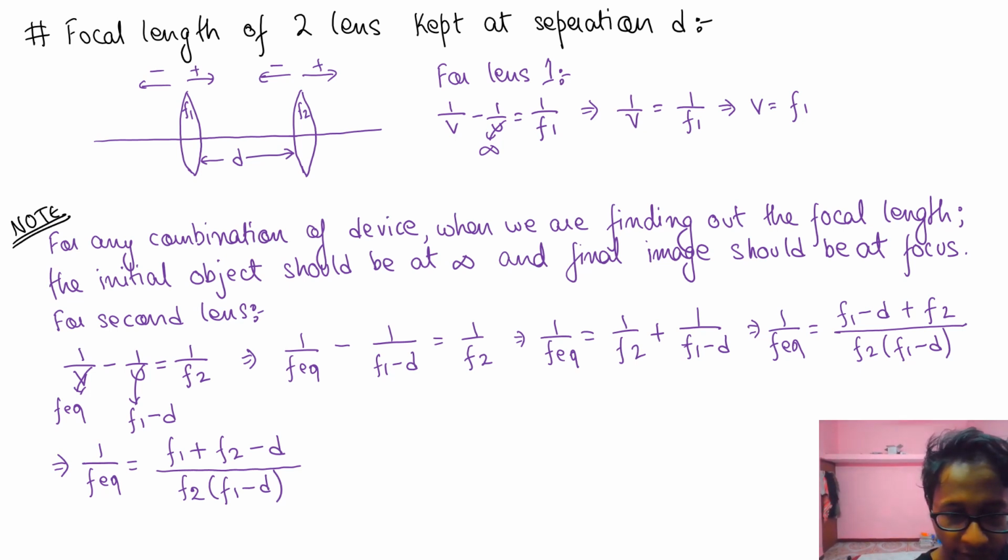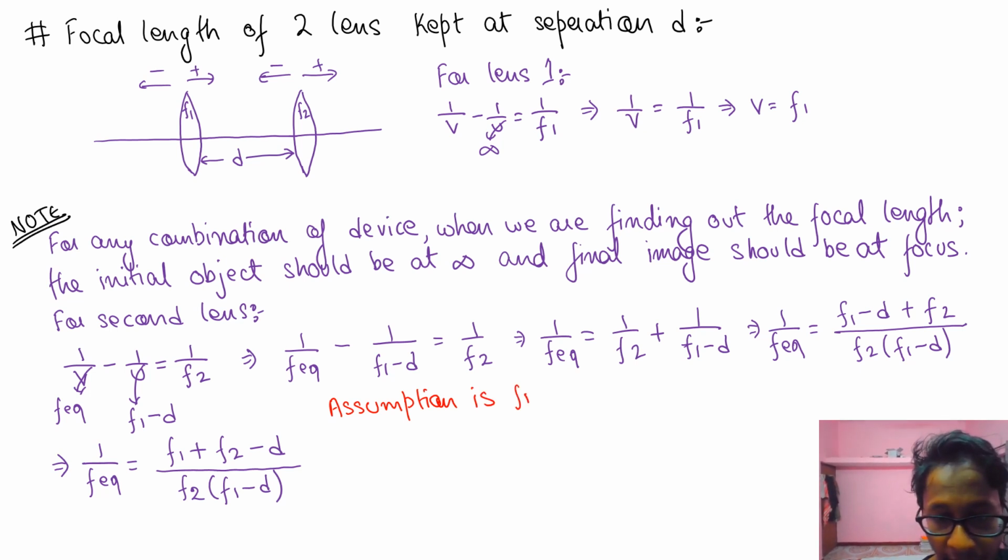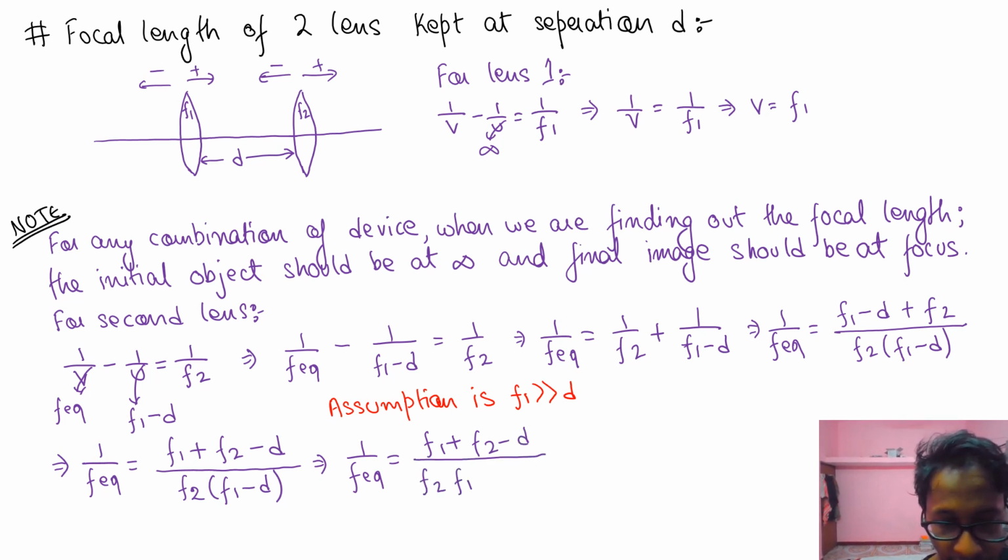So 1 by f equivalent is equal to (f1 plus f2 minus d) divided by f2 into f1 into (1 minus d by f1). Since f1 is much greater than d, d by f1 tends to 0.